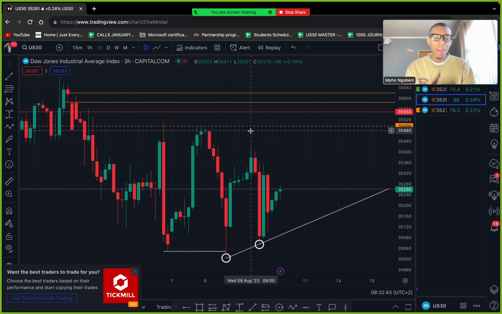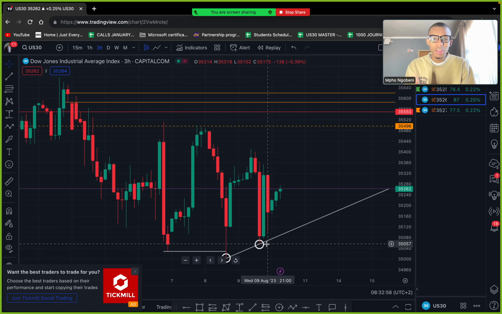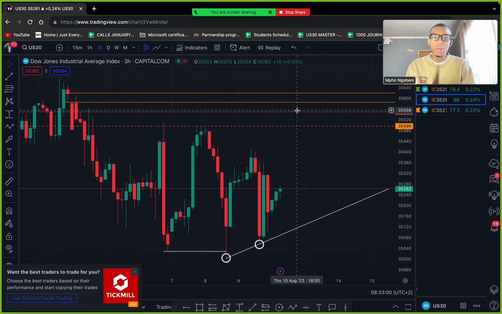We have to break there in order to say we're done with the W formation. And then as you can see, it created a triple bottom, or I could say head and shoulder. So it went from a W formation to a head and shoulder, and we're now going back there.